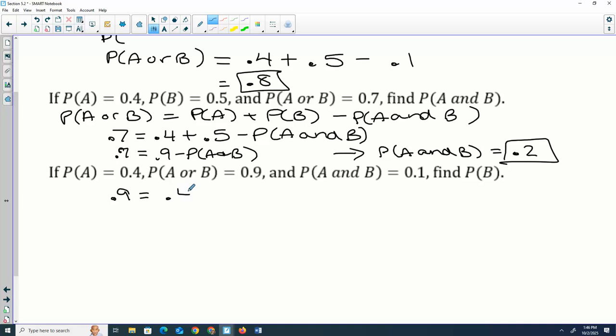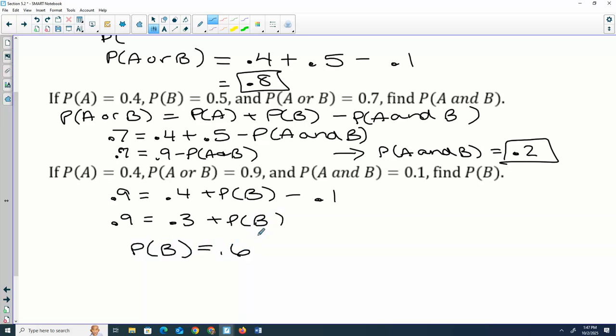Probability of A is 0.4 plus probability of B minus probability of both, which is 0.1. So combine my terms and subtract that over, so the probability of B is 0.6. So when in doubt, just write out the formula. Even if you're writing it on every one, it's okay. Then you can plug in and see where things go.